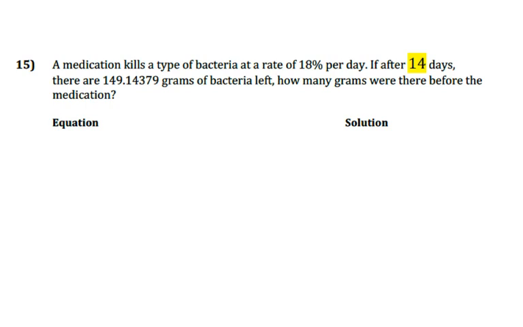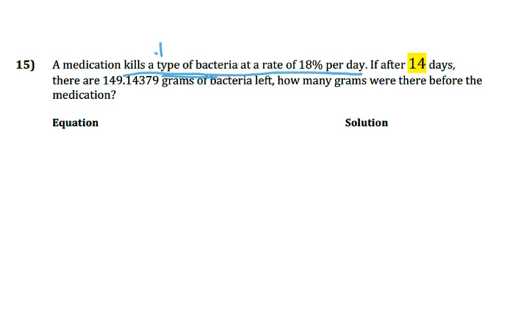Number 15. A medication kills a type of bacteria at a rate of 18% per day. If after 14 days there are 149.14379 grams of bacteria left, how many grams were there before the medication? Notice we have a percentage here. It's killing a type of bacteria at a rate of 18% per day.